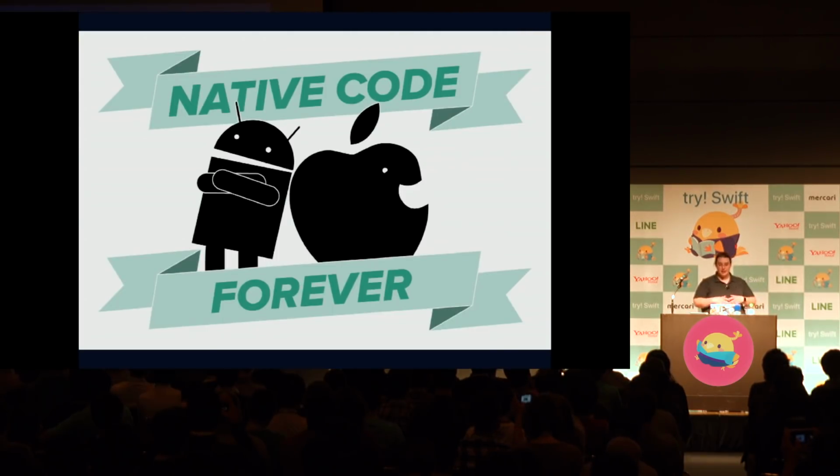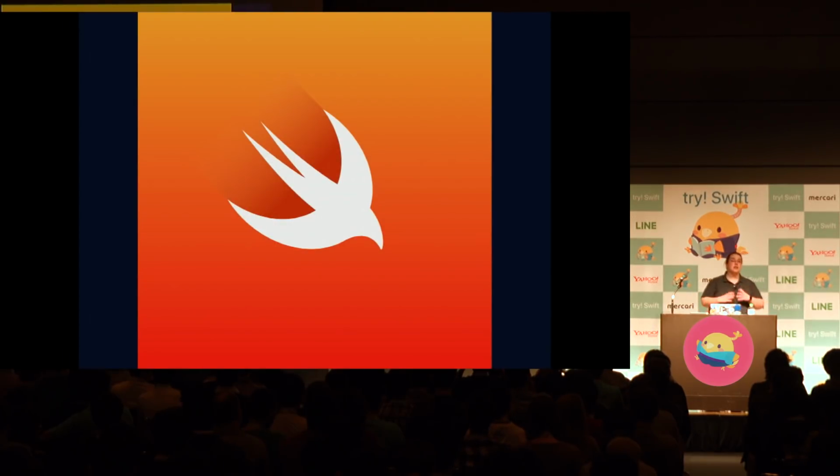Because Kotlin has so many features which are similar to Swift, it suddenly becomes much easier to compare logic with your Android team than it was when you were working in Objective-C and they were working in Java.